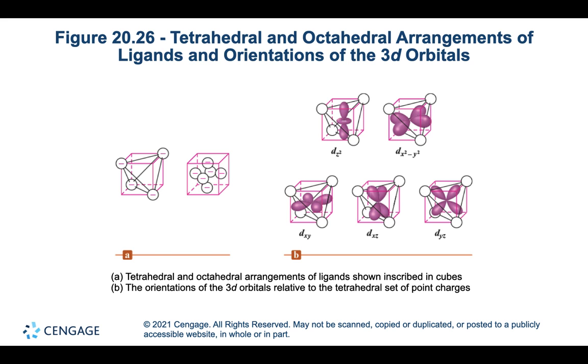And that's just because the geometry of the tetrahedral doesn't really have effectively any difference in how it interacts with the dz squared, dx squared minus y squared, or the EG orbitals, compared to the T2Gs, which are dxy, dxz, and dyz.